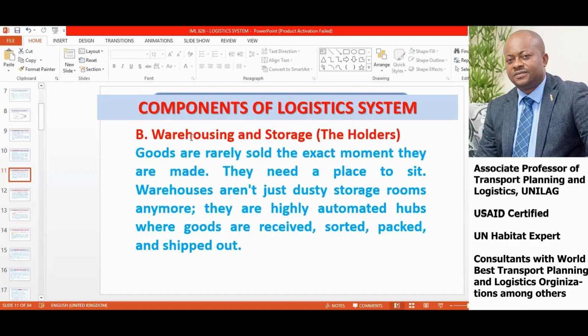You don't just put everything together and mix them up to the point of dust and expiry of those products. So this is the second component. The first one, to a layman, is the movers. The second one is the holders.